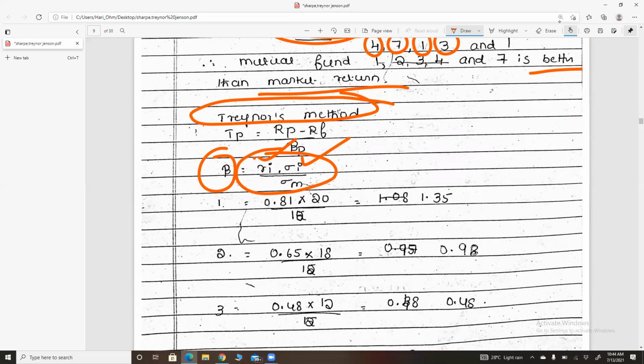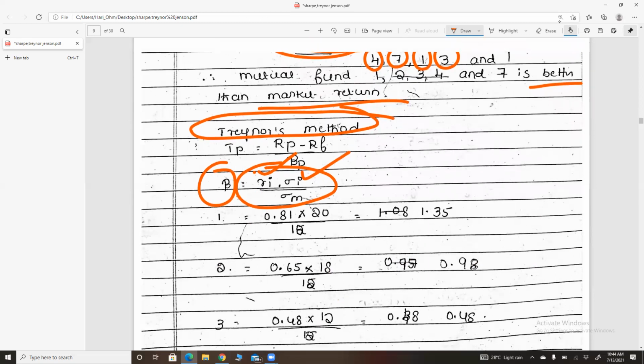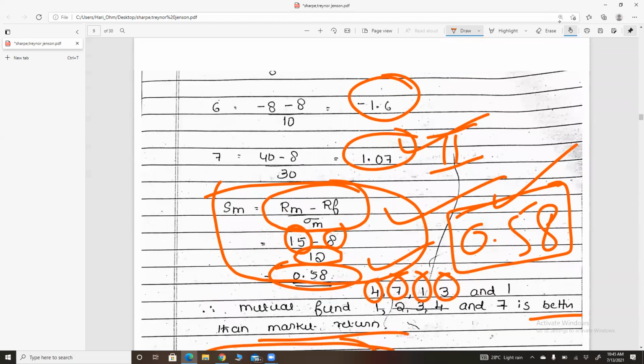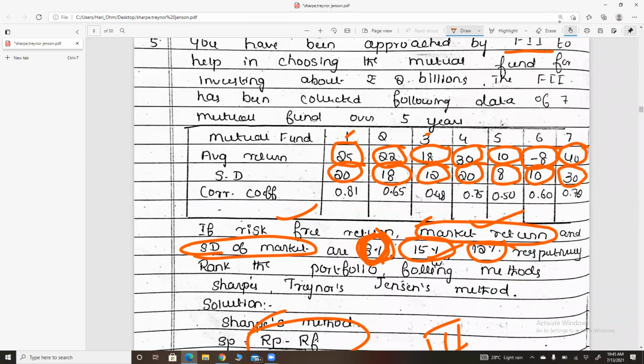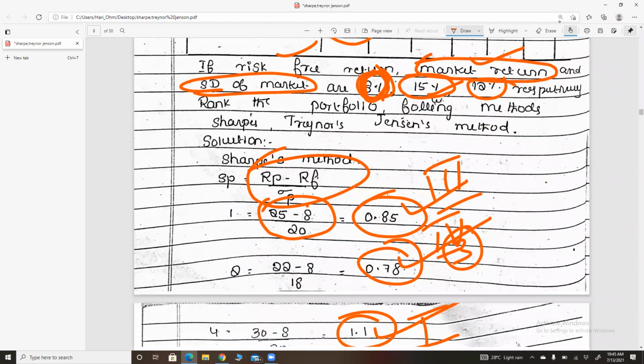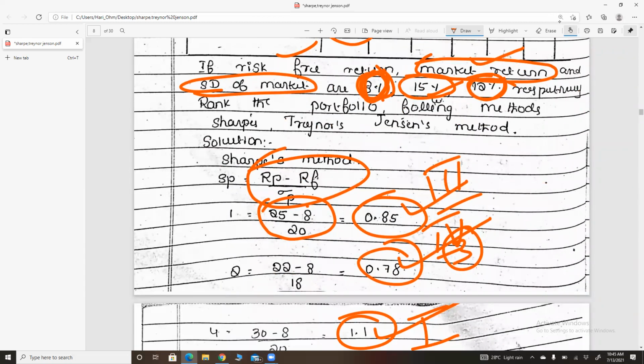So by using that information, we need to work out beta. Here, correlation coefficient is 0.81 into standard deviation, that is 20, divided by standard deviation of the market, that is 12. Clear?